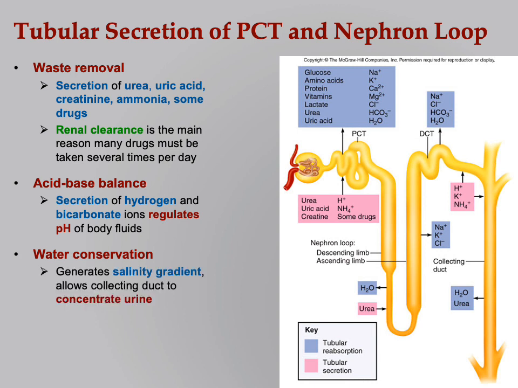Water conservation. So again, remember the thin segment of the loop, a lot of water moves there. So the kidney is controlling your body's water balance under directions from various things, the hypothalamus, the sympathetic nervous system, and so on. Local paracrines, lots of things. But we generate a salinity gradient and that allows the collecting duct to concentrate urine.